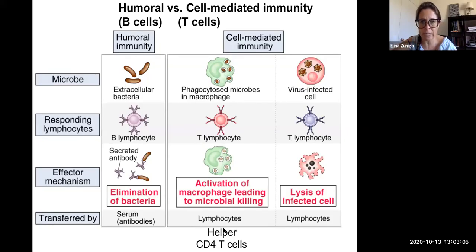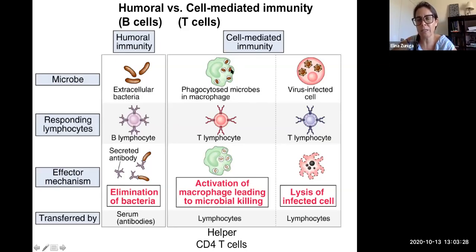When, for example, a macrophage has phagocytosed a pathogen, sometimes, for some pathogens that are not very virulent, the macrophage can exert its microbicidal activity and eliminate the pathogens.